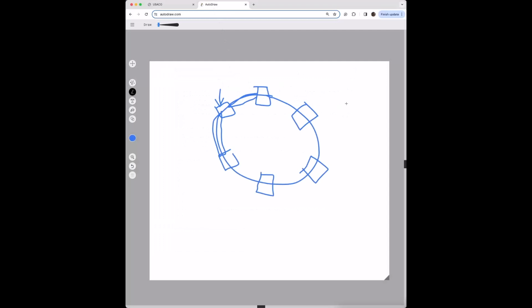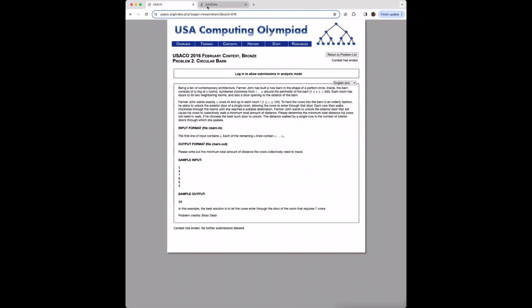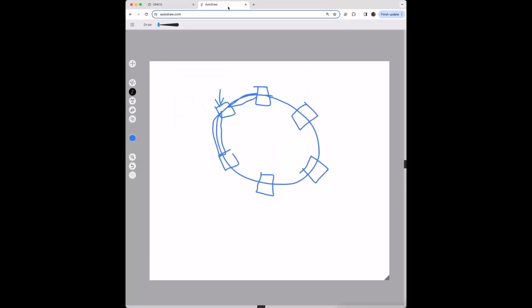Okay, so Farmer John wants exactly r_i cows per room, and these cows will enter from the outside from a single point in the circular barn, and they're going to walk clockwise until all of the rooms have exactly r_i cows.